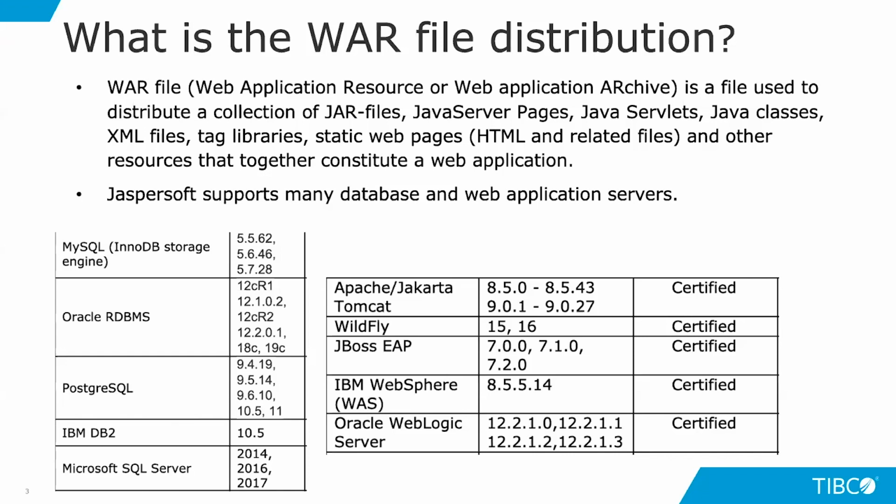Apache Tomcat is the most common web server. Every once in a while, you'll run into a JBoss implementation or Wildfly. But in today's example, since I'm installing on my local host, I have access to a PostgreSQL database and an Apache Tomcat web server.